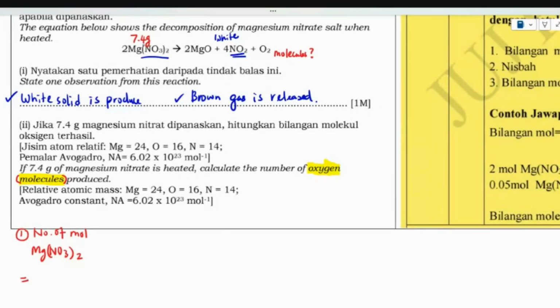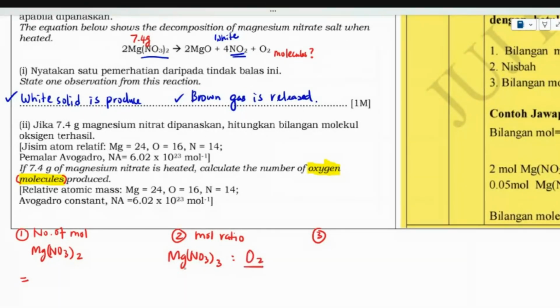Given to you is the mass, right? Step number 2, mole ratio. Remember that upcoming exam, confirm got here. How to compare the moles? You need to compare magnesium nitrate with oxygen.